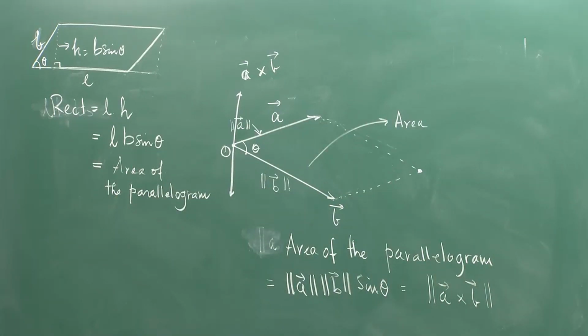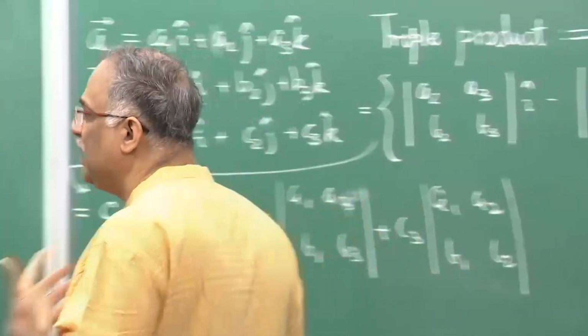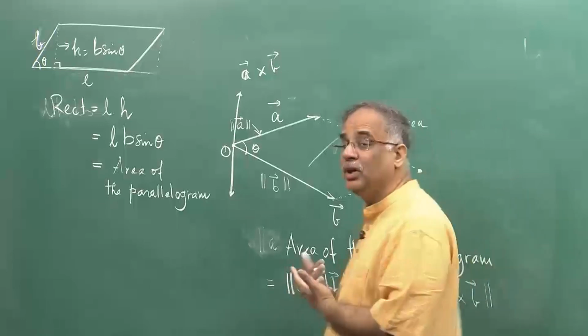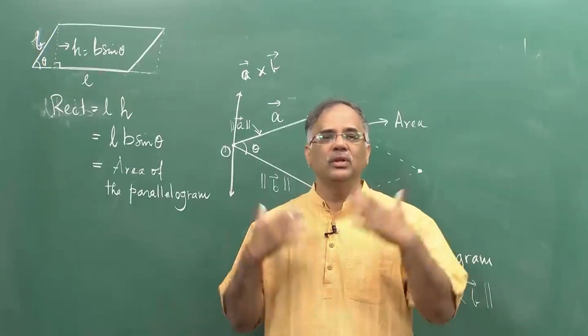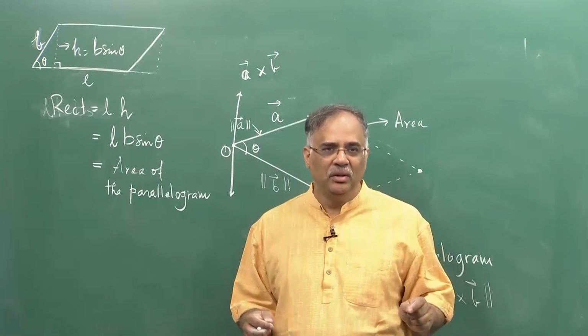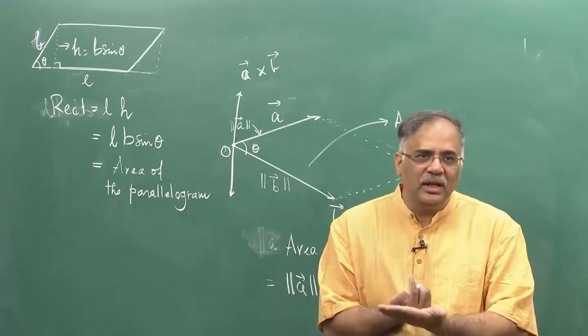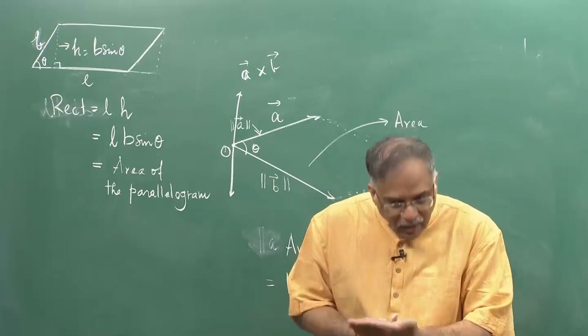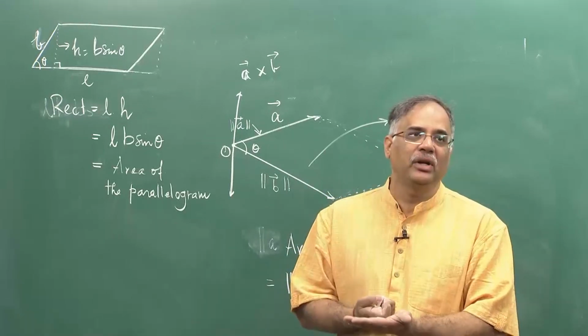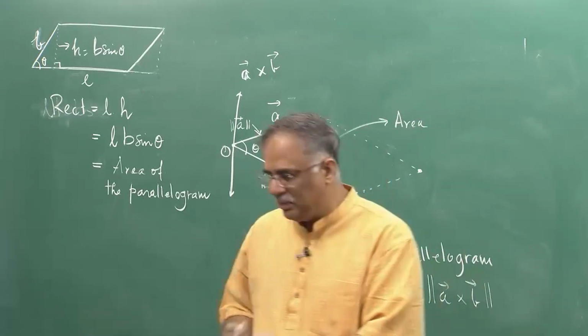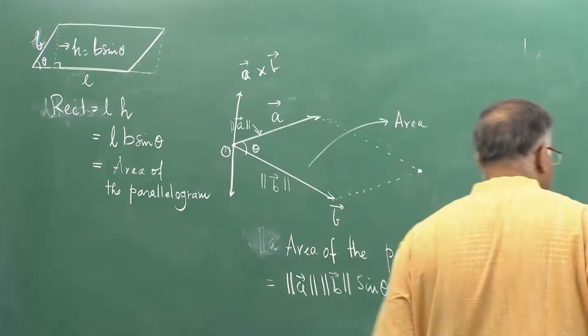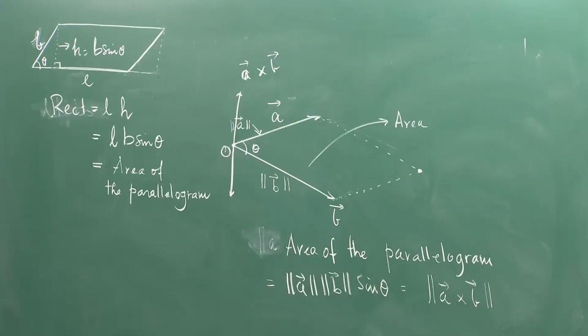So please understand that the whole goal of cross product is to tell you that we can view the notion of area as a vector. We have always thought of area as a scalar, a number, but area can also be viewed as a vector. So, the area vector of an object is actually perpendicular to the object whose area you are trying to calculate, for example, the plane, for example, the rectangle.